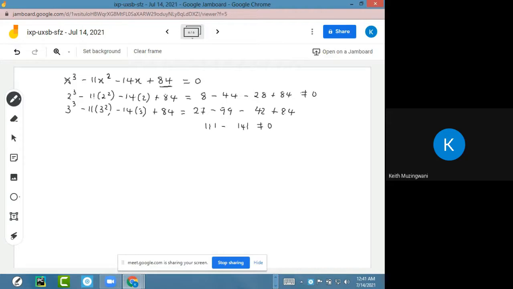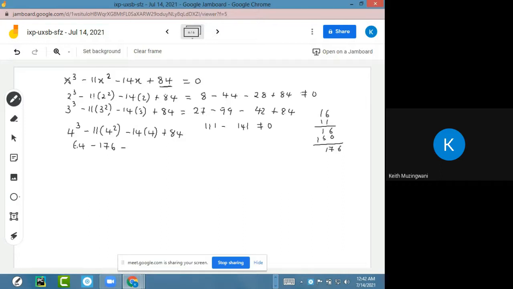So the factors of 84, 4 is also a factor of 84. So let's go to 4. 4 power 3 minus 11, 4 squared minus 14, 4 plus 84. Here we have 64 minus 16 by 11, we get 176.